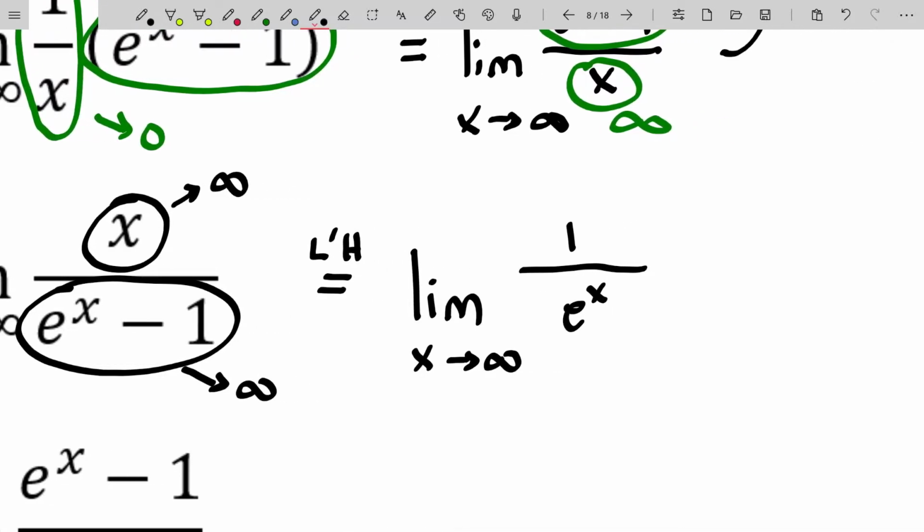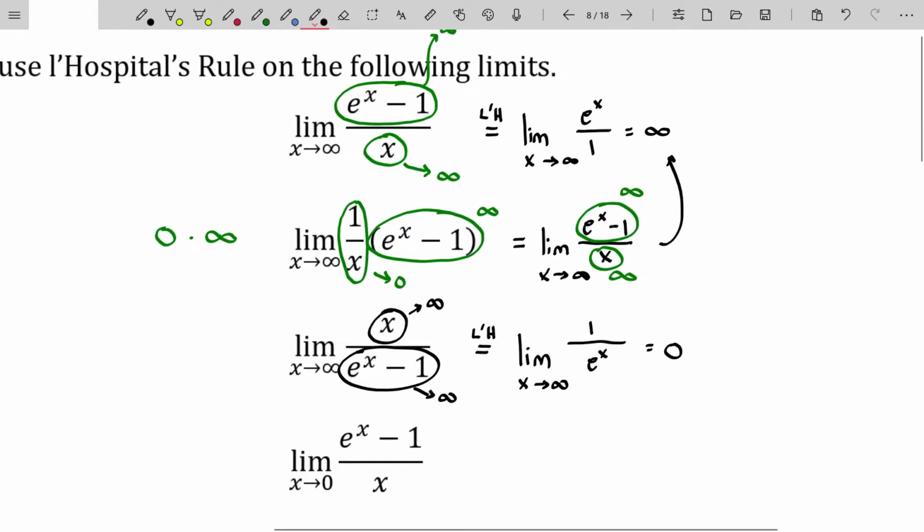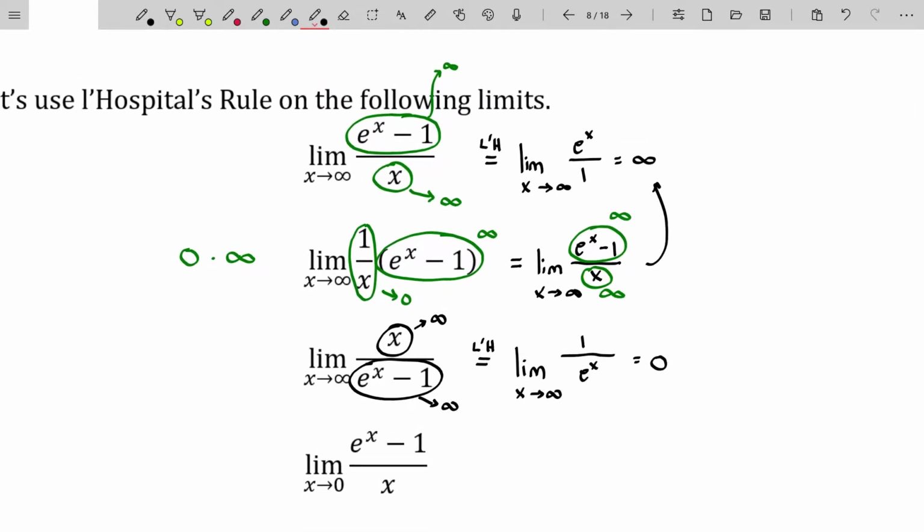As x goes to infinity, that's 1 over an infinite number, or 0. So here's an example. We've seen 2 examples now of infinities over infinities, but one ratio approached infinity, the other approaches 0. So this is a good justification to show that not all infinities over infinities are the same.